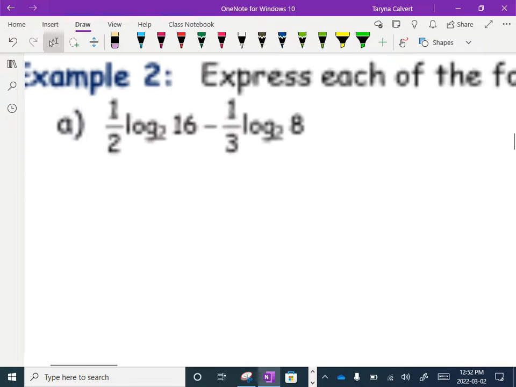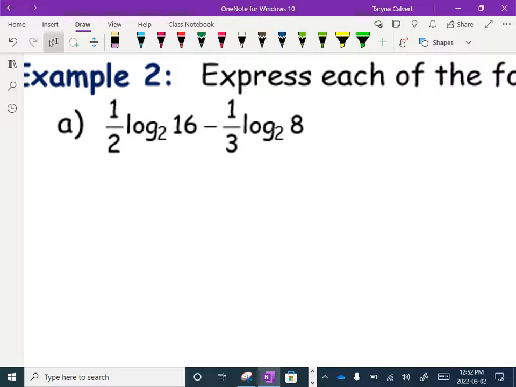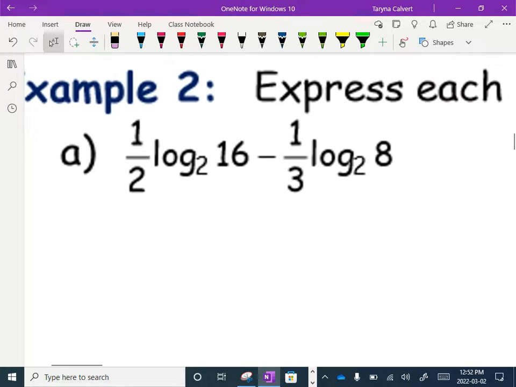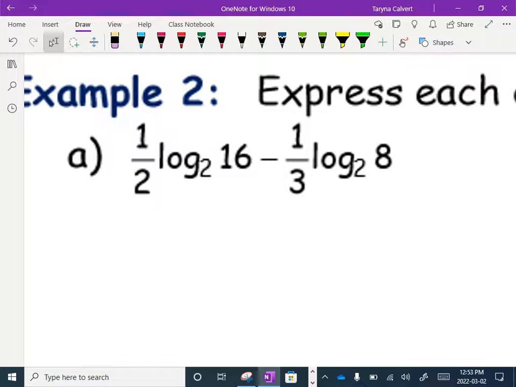So do you guys see the problem in this question? What's the problem that we can't go right to the product and quotient law? That lovely half and that lovely third. So you need to get rid of those first before you can go to your product, or in this situation, your quotient law because it's subtraction.